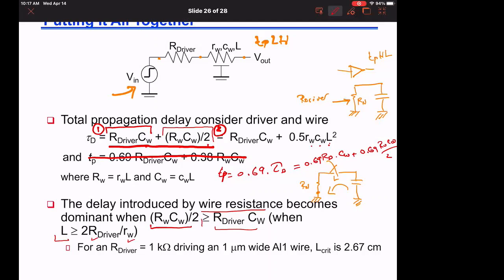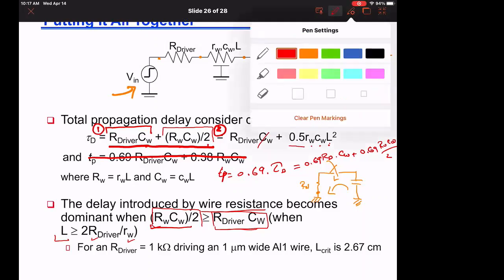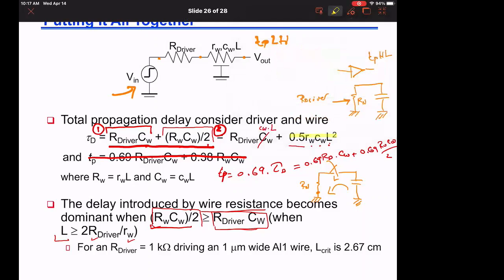The expression is what matters to us, the rest of it is really plugging in. I'm going to replace this as CW times L, and now I can study the relation between this quantity versus this quantity here and see for what L the wire resistance becomes significant.